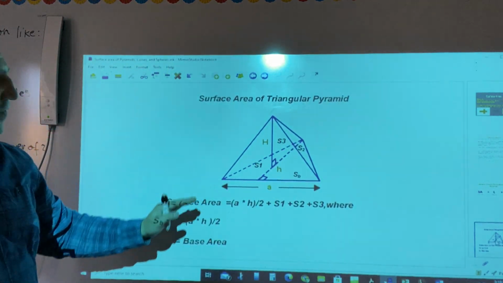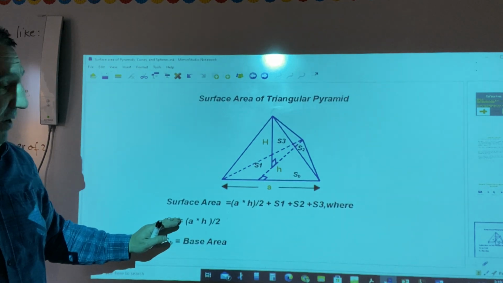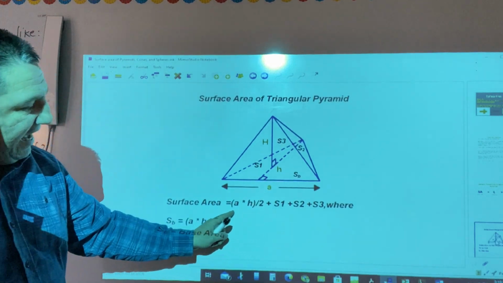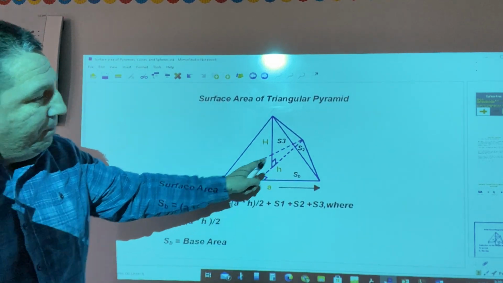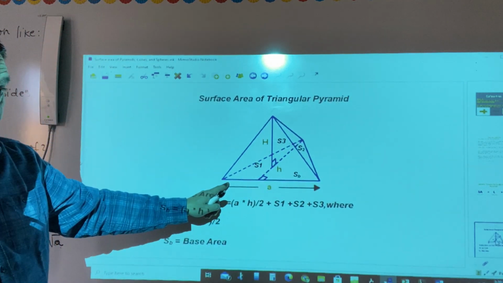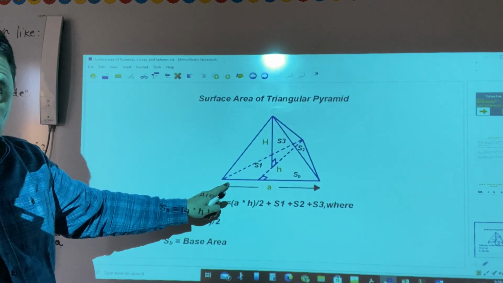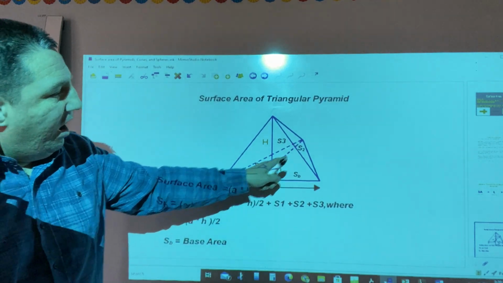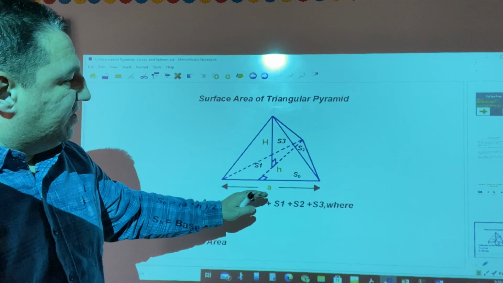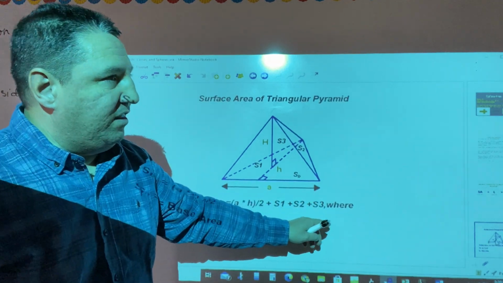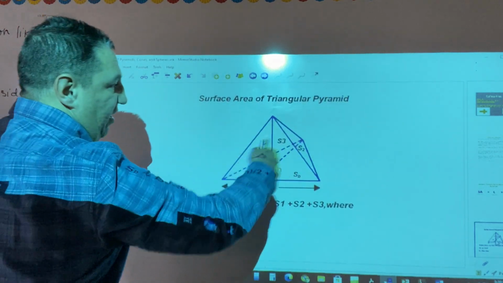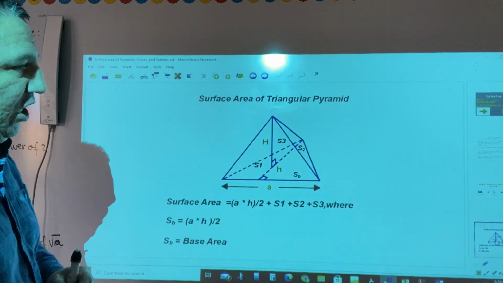For the surface area of a triangular pyramid, we have this formula, where the first term is the area of the base, the bottom, which is the base of the triangle times height divided by 2, plus S1, S2, and S3, which are the areas of the faces, which are triangles. Good?